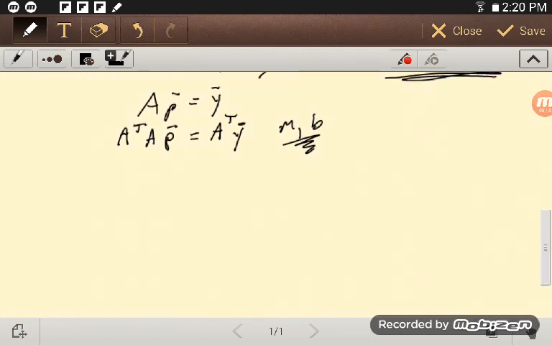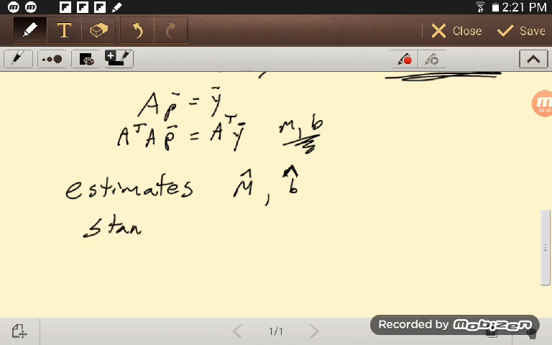Now, when we do that, what happens is we'll get estimates, m hat and b hat, and along with those estimates, we'll get standard errors. Okay, standard errors.